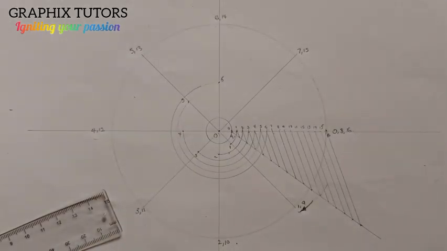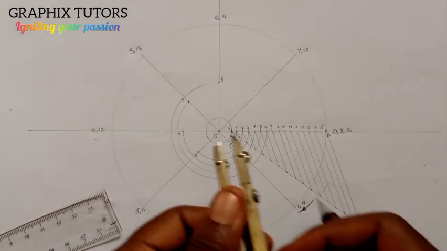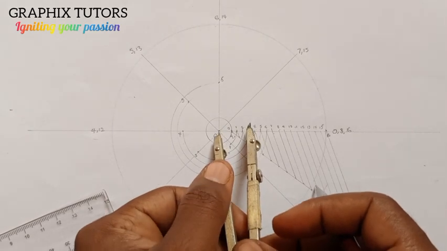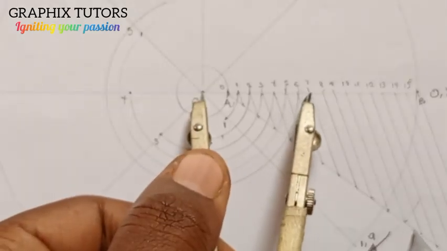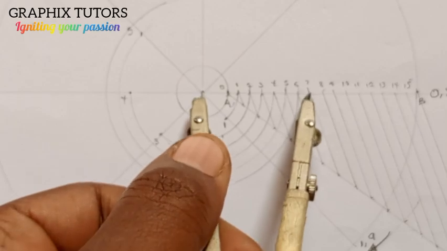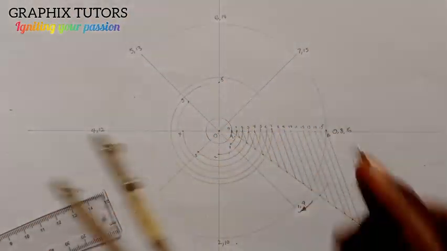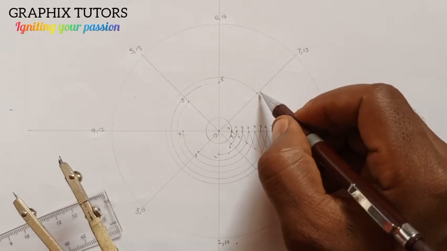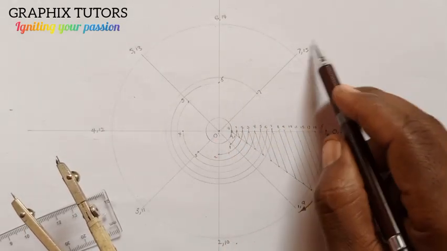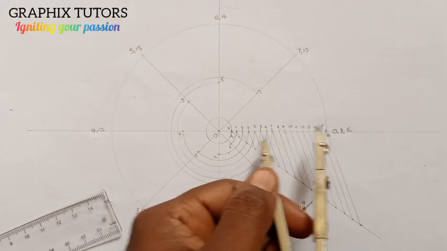Because this is the line of what? Of 6. Right? So I'll go to 7. So if I move to 7, this will be 7. Point 7. This is the line of 7. I'll go to 8.